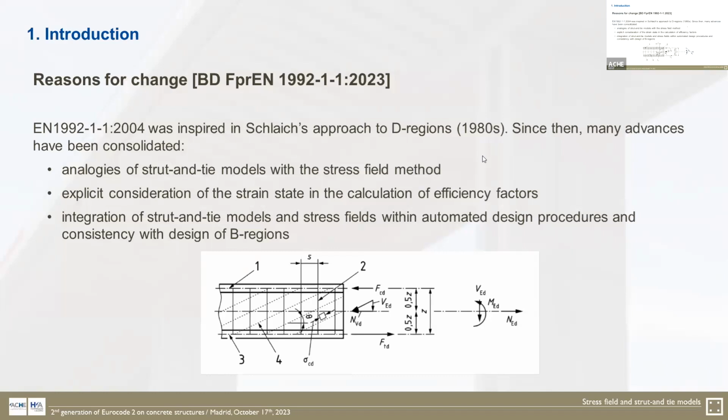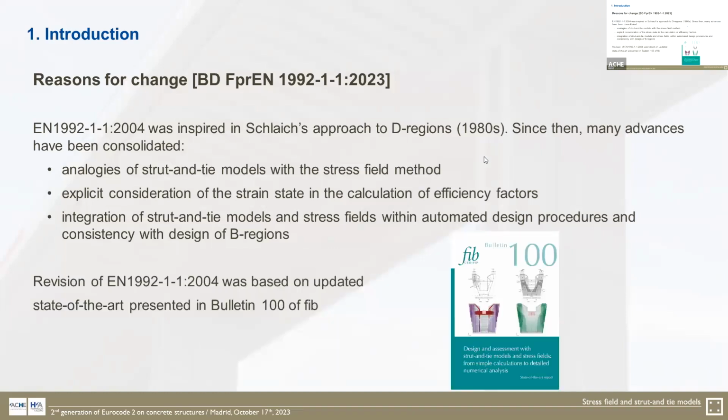So to have a tool so that we can pass in this transparent manner from the design that we are carrying for B regions, so shear design, for instance, to what happens when we are coming to a discontinuity region, when we are, for instance, close to a support. I think that was also a very nice aspect to improve the consistency.